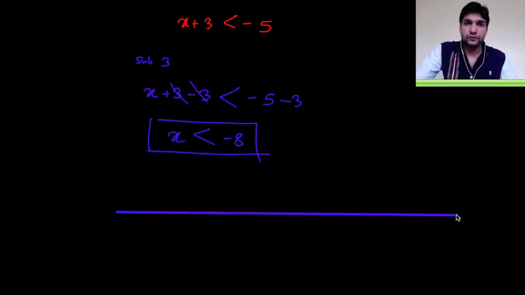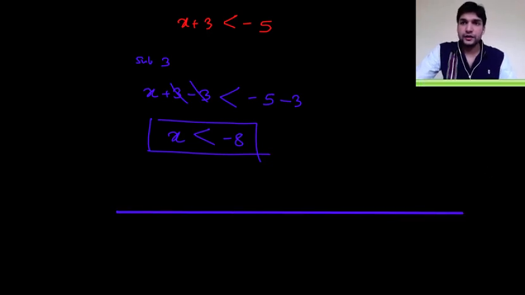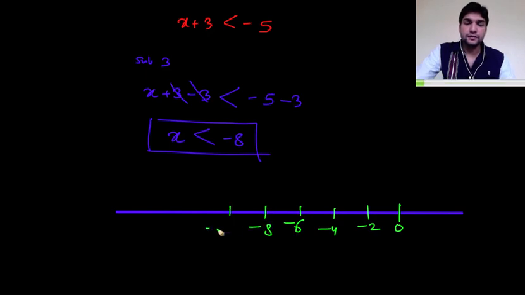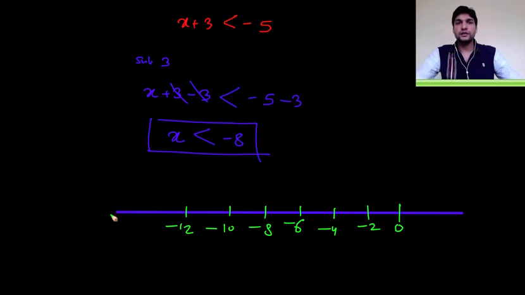If this is our number line and this is our reference 0, because everything is going to be negative. If I start with minus 2 gap, I'll have minus 4 here, minus 6, minus 8, minus 10, minus 12, so on. It will never end to minus infinity, right?